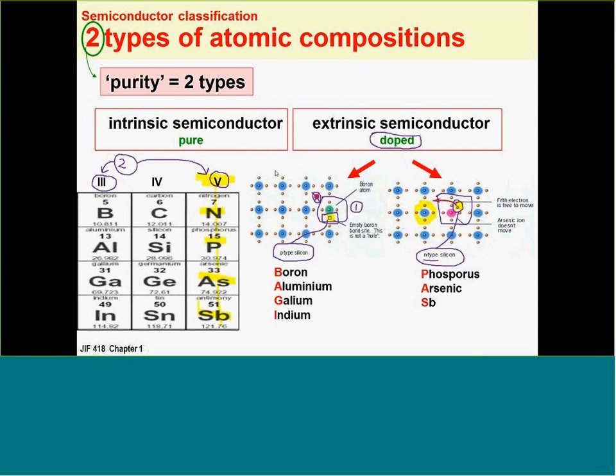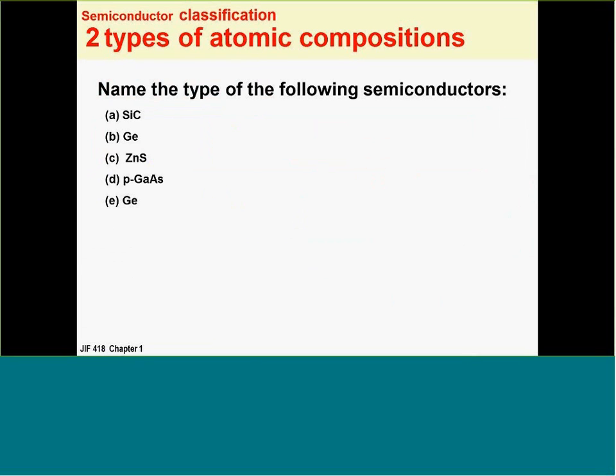So that is the classification based on atomic composition. So it's either elemental or compound, based on the number of elements in it, and also based on its purity. Okay, let's have a short review of what we have talked about before.